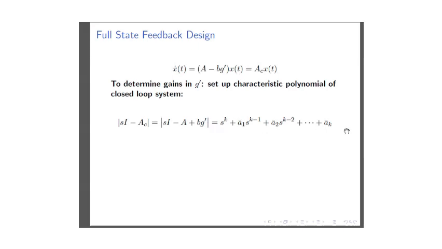It will be a kth order polynomial in s, the eigenvalue variable, with coefficients. For now, you can think of these coefficients as unknowns: a bar 1, a bar 2, a bar 3, up to a bar k.